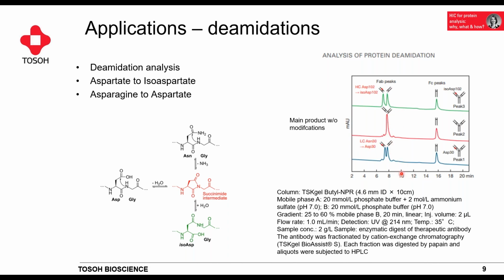Very similarly, we have in a third cation exchange fraction an enrichment in the modification from asparagine to aspartate. So from this molecule to this molecule, also having a change in hydrophobicity. This is why we see two peaks over here. So to conclude on this slide, we can separate Fab arms that have deamidations versus the original asparagine, for instance.